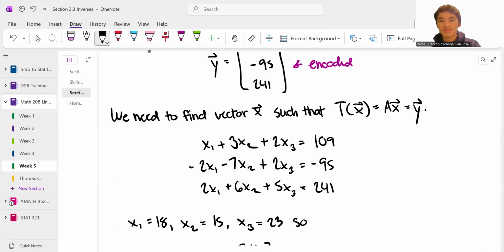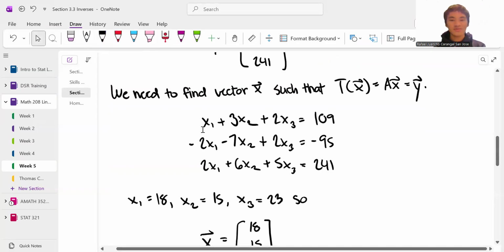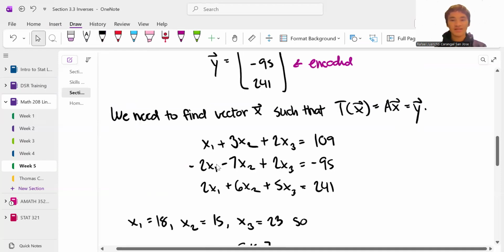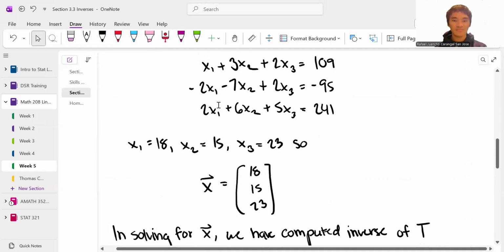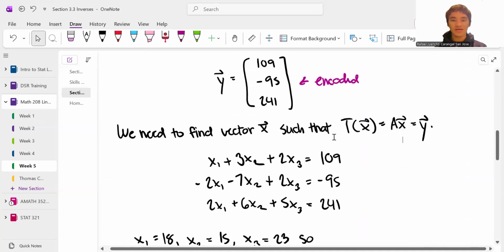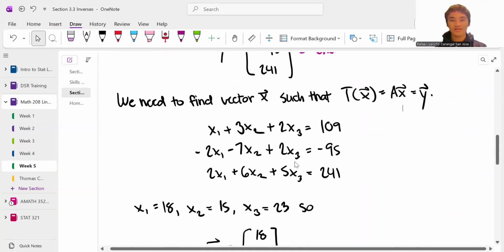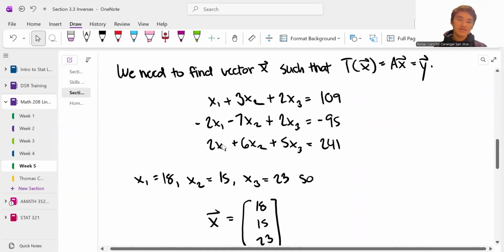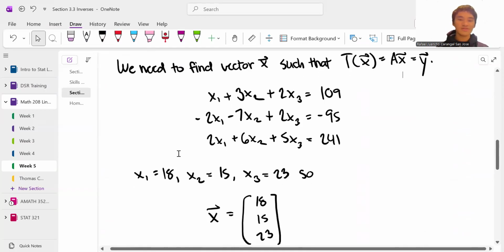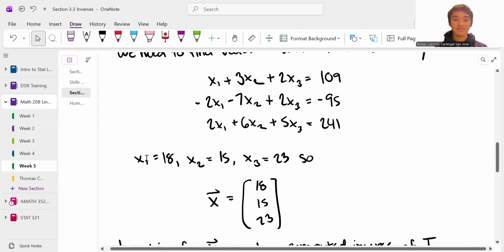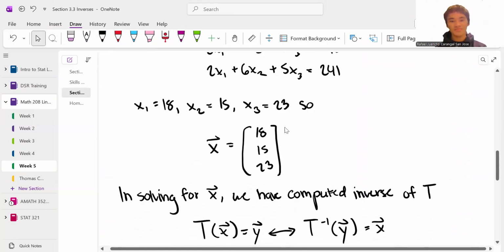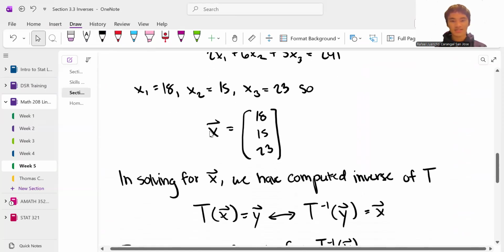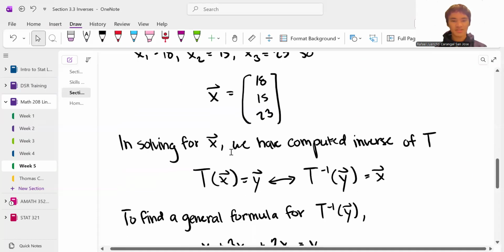I forgot to do this. And so, okay, we have this linear system, right? We got it from here. And so we just equate it to the output vector 109, 995, 241. And then if we use Gaussian elimination, we're going to get this solution. And so it's only one solution. And so my x vector is going to have these components.